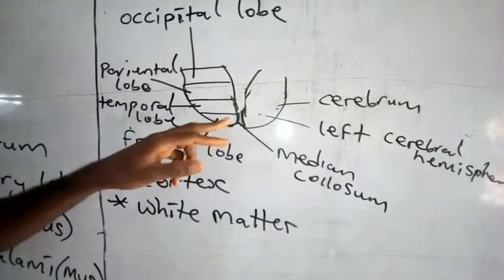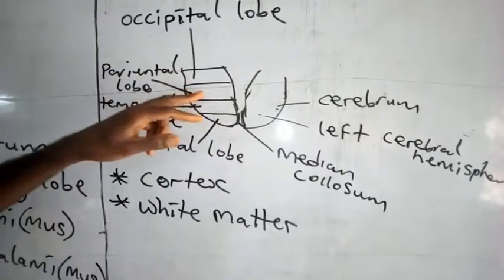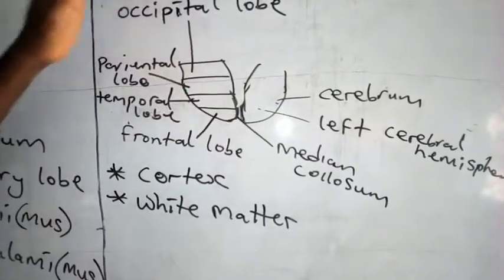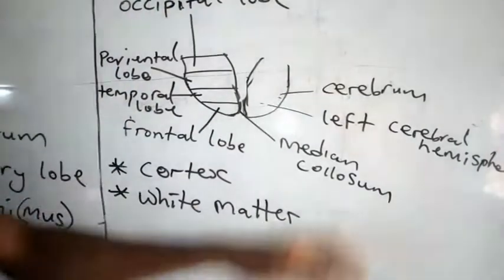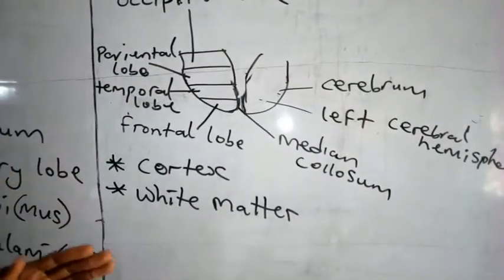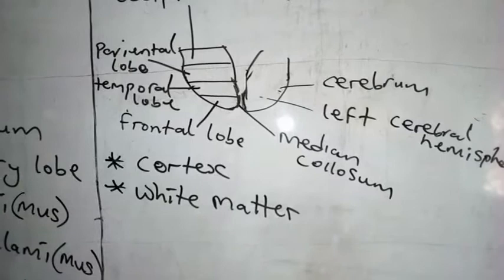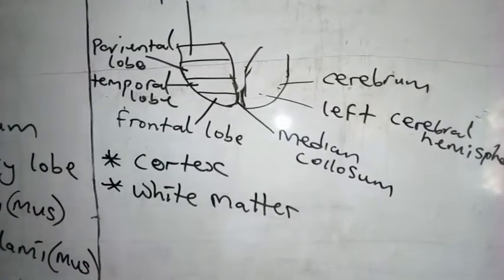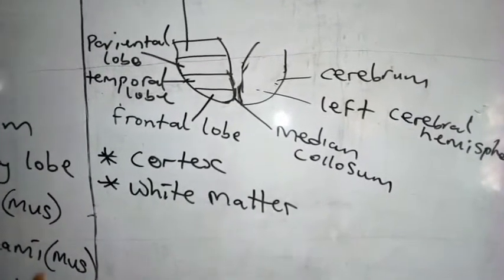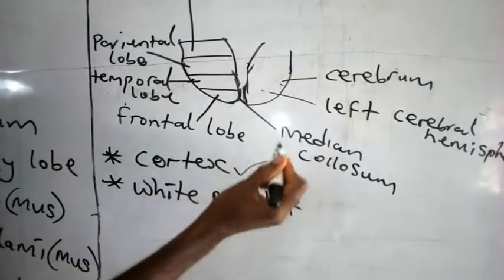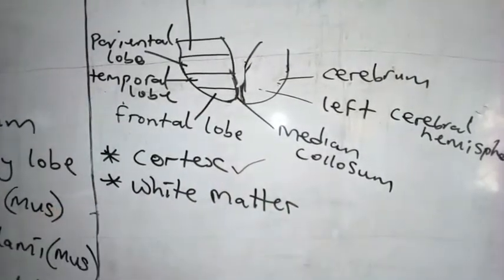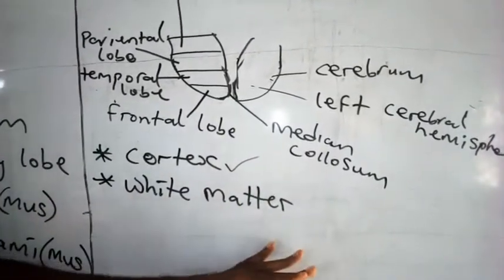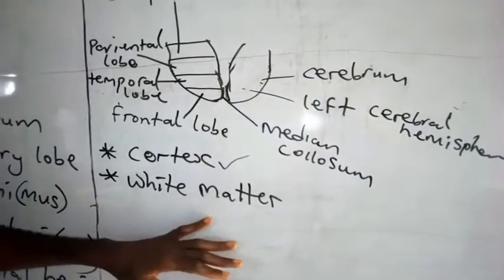We have the frontal, temporal, parietal, and occipital lobe. It's on the left and is equally on the right. Now the cerebrum in totality is made up of an outer portion and an inner portion. The outer part of the cerebrum is called the cortex, while the inner part of the cerebrum is the white matter.